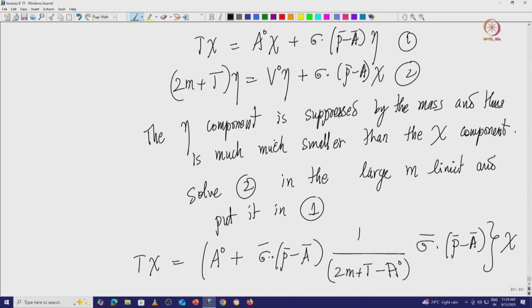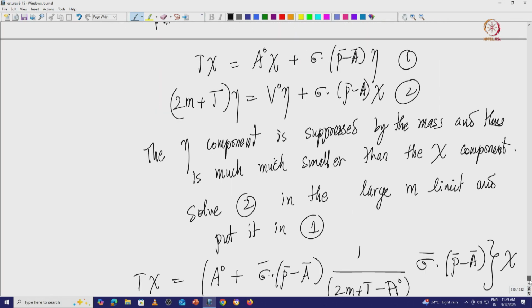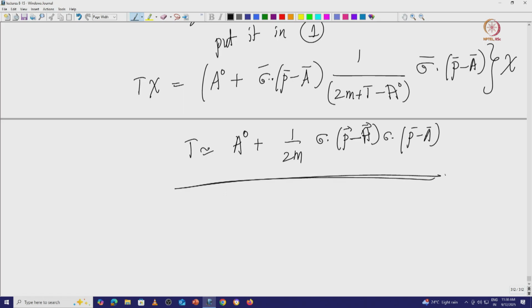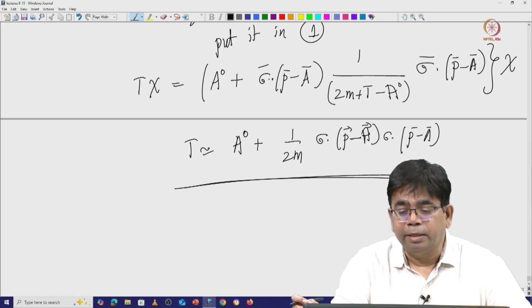So T is roughly A0 plus 1 by 2m, sigma dot P minus A bar, sigma dot P minus A. This is your non-relativistic reduction.